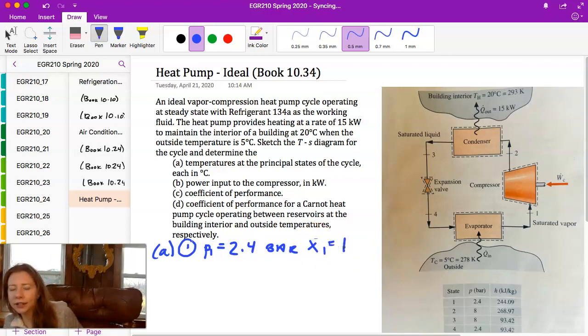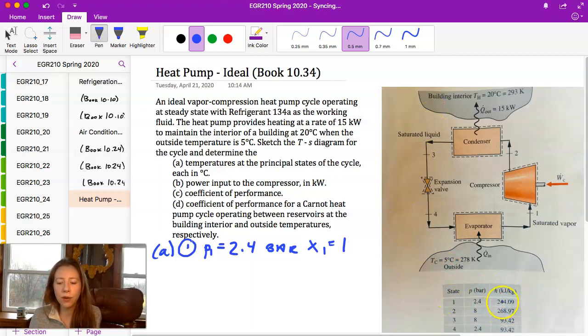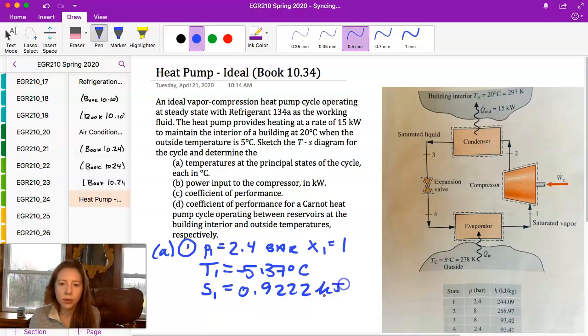If you look at your tables, you'll see that this is H sub V, 244.09 kilojoules per kilogram, and that corresponds to a temperature of minus 5.37 degrees Celsius, and the corresponding entropy is 0.9222 kilojoules per kilogram Kelvin.